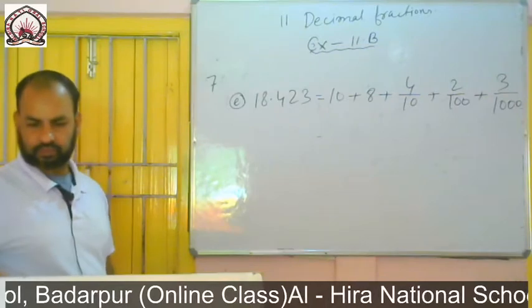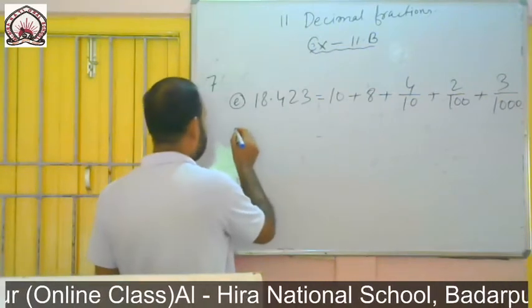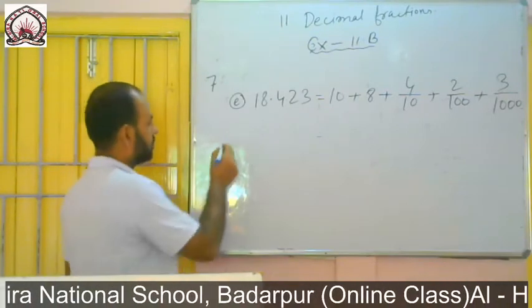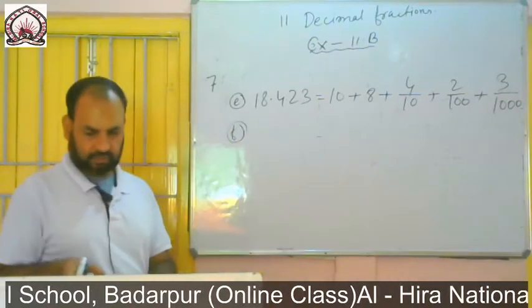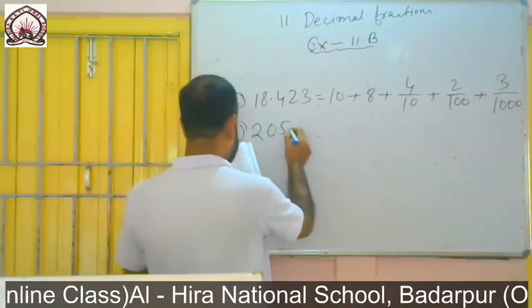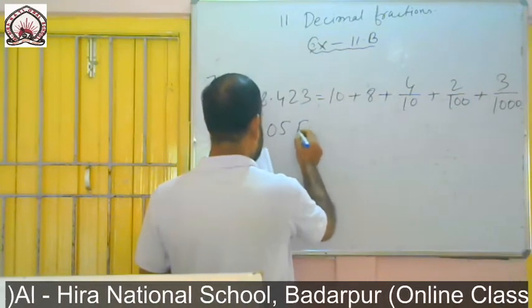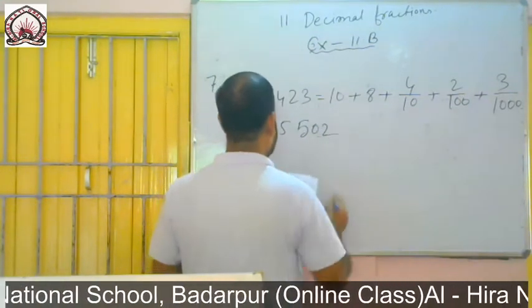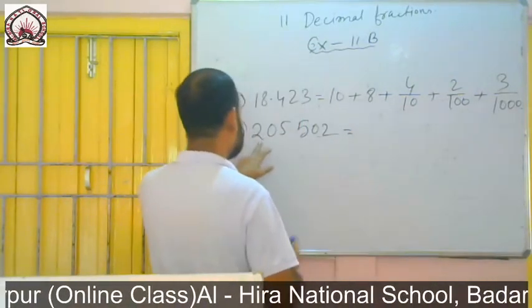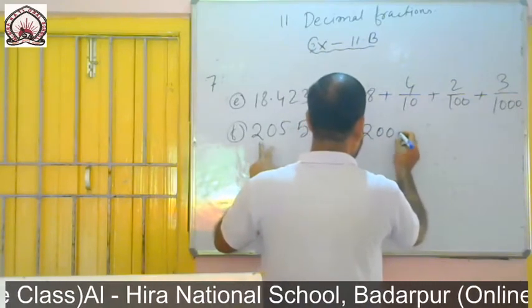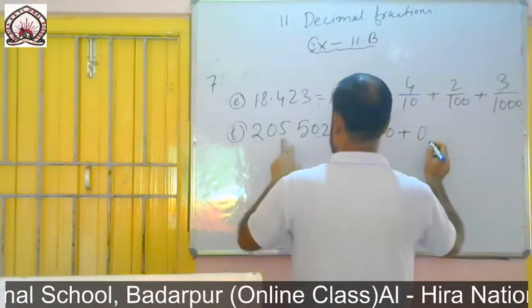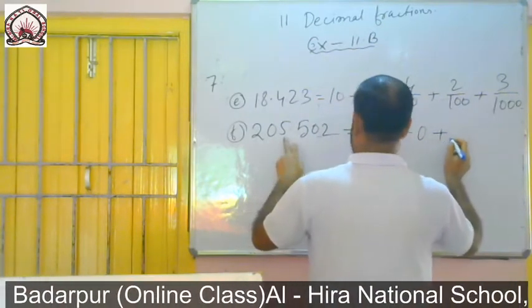Next, question number F. 205.502. So here we see the place value of this 2 is 200, plus 0 is 0, then plus 5 is 5.